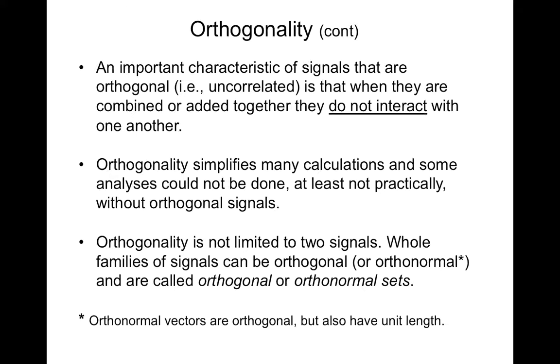The reason that's important is that if we have a signal comprised of several orthogonal vectors, and the vectors are normalized, then we can get a good idea of how much of a given orthogonal signal or vector is in our signal that we're measuring. And that sort of forms the basis for Fourier analysis and wavelet analysis and a number of other kinds of analyses that are done with families of functions.